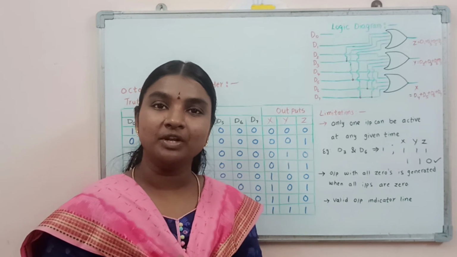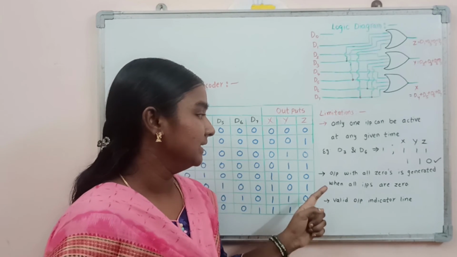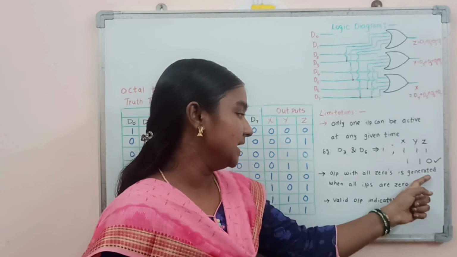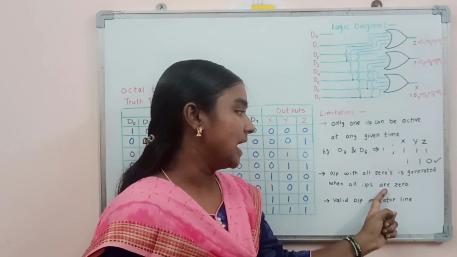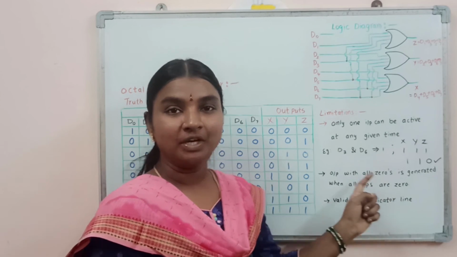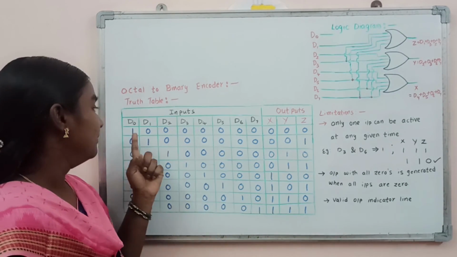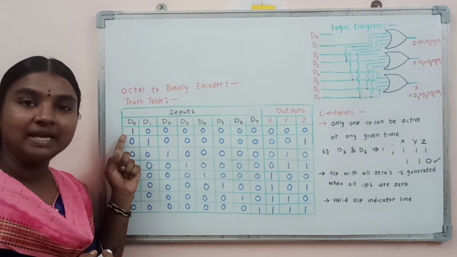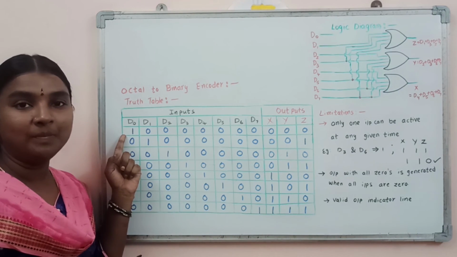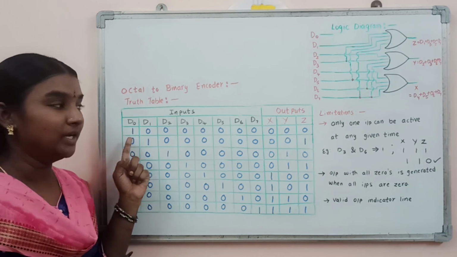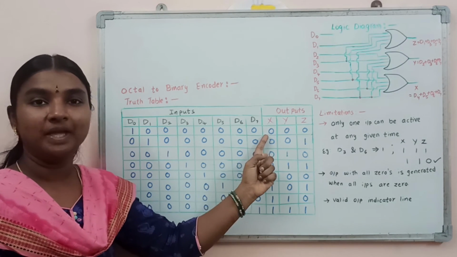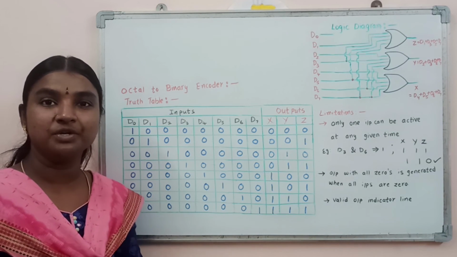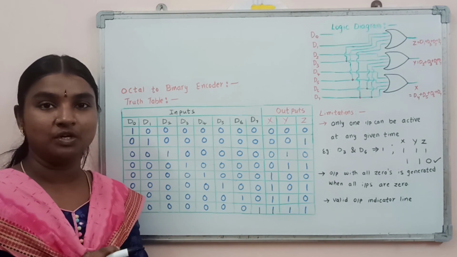And there is one more limitation, the second one: the output with all zeros is generated when all inputs are 0. Coming to this truth table, when the D0 input line is equal to 1, it represents the 0 minterm, so the respective binary code is all zeros at the output side, that is x equal to 0, y equal to 0, z equal to 0.